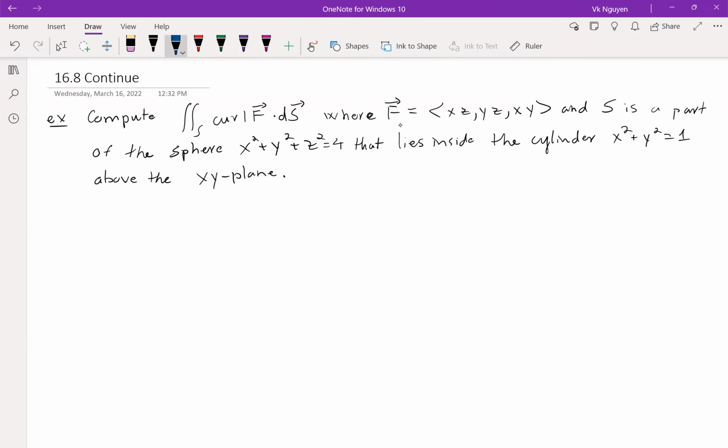Notice that direct computation used to have some difficulty.